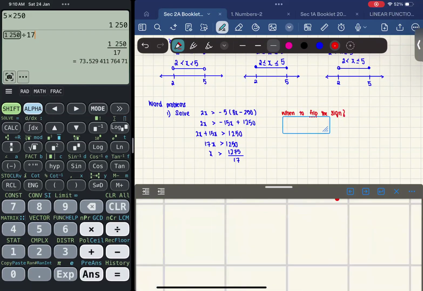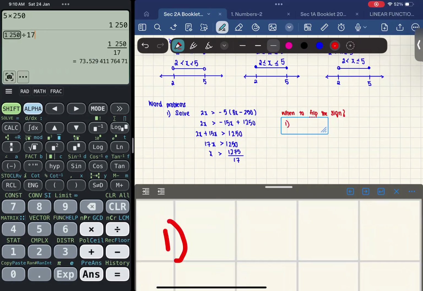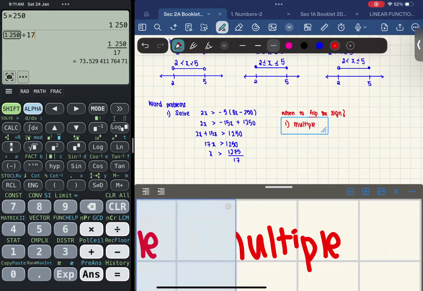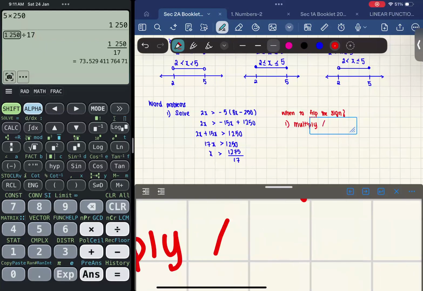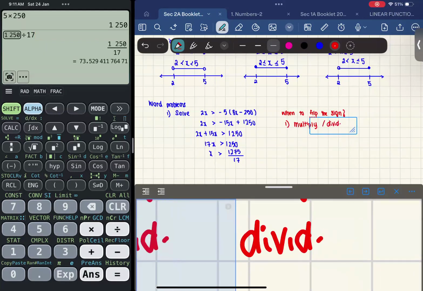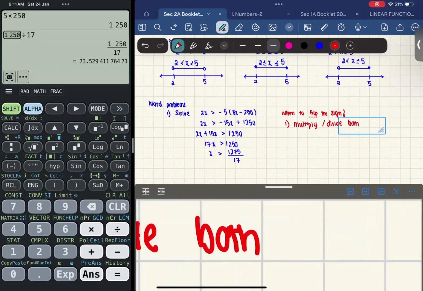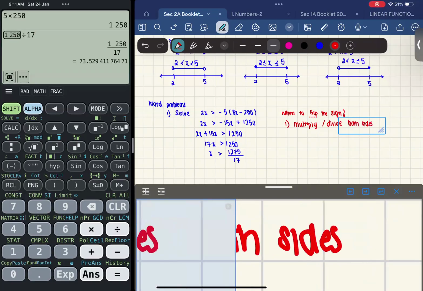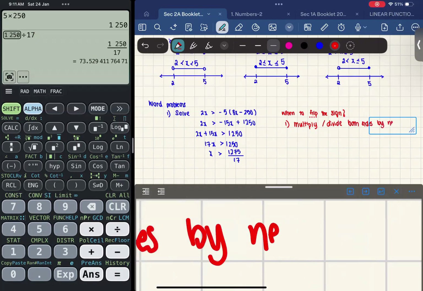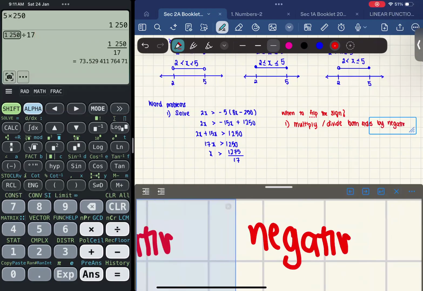Number one is when you multiply or divide both sides by negative. Okay, so remember this rule.